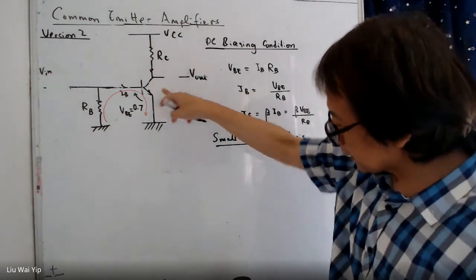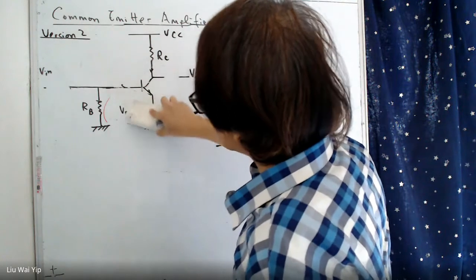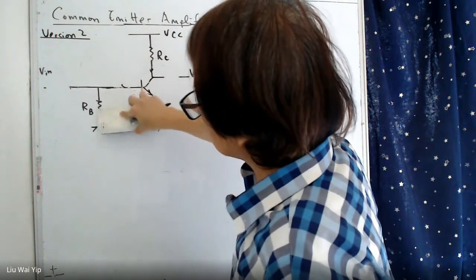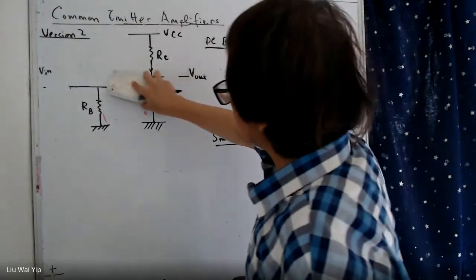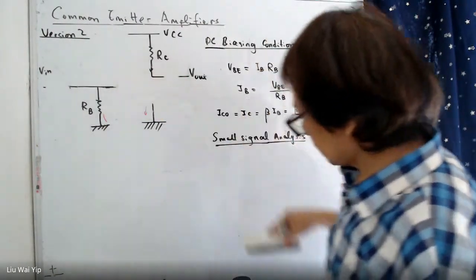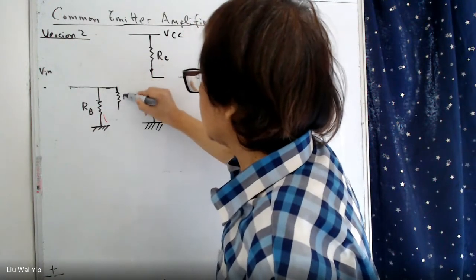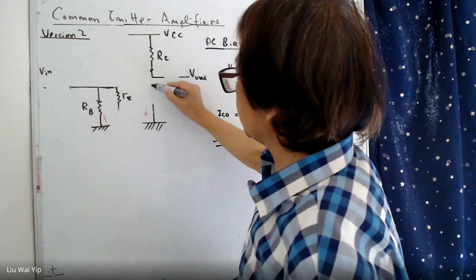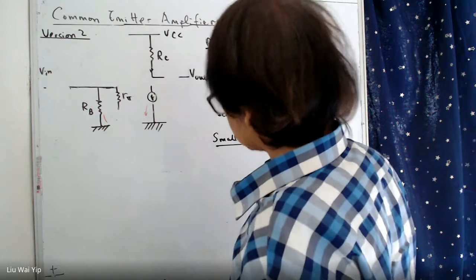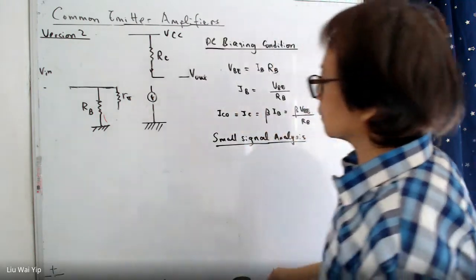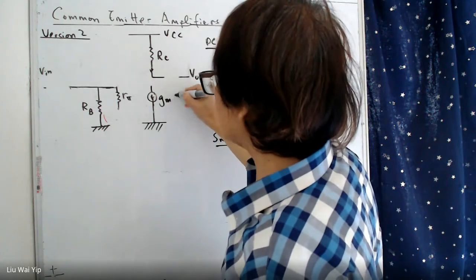Now, in this case, the first thing that you need is to replace each of the transistor with this small signal equivalent. So in this case, you can replace it with R pi. And then, as I have already told you in the last lectures, GM V pi.